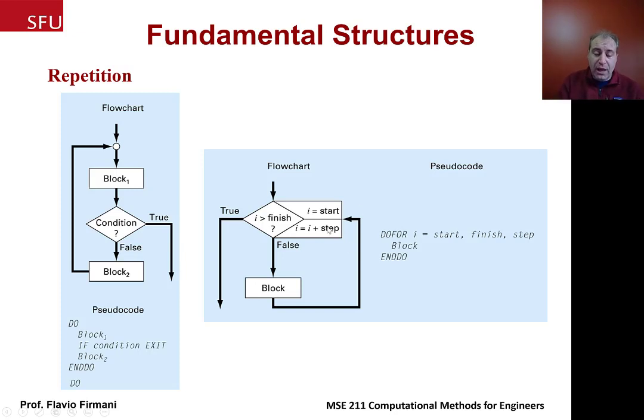And finally, we have the for loop, where the instructions will take you to the for loop, and you would start a counter and repeat it multiple times until it reaches a particular value, and then it's going to come out from that loop.